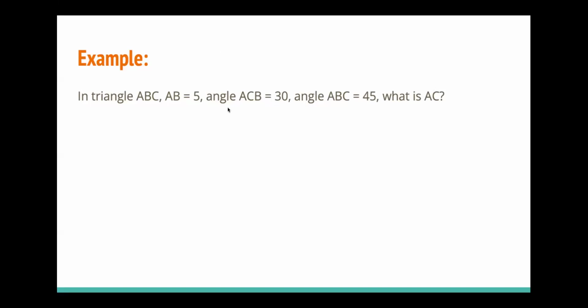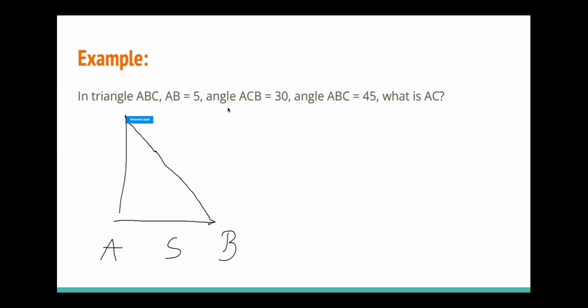Okay, I got more responses, so I'm actually just gonna start explaining. Triangle ABC, AB is 5, ACB is 30, and ABC is 45. Oh, my drawing is so bad. Okay, what is AC?